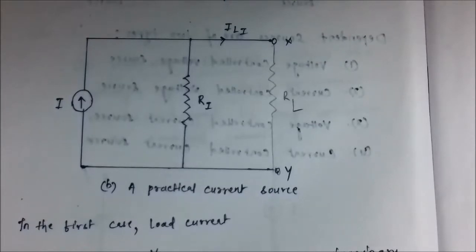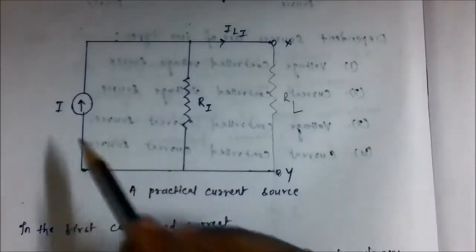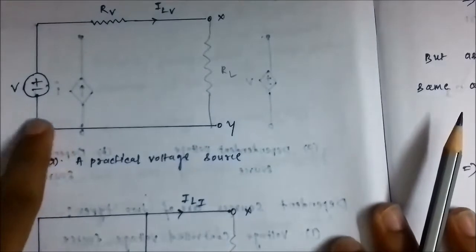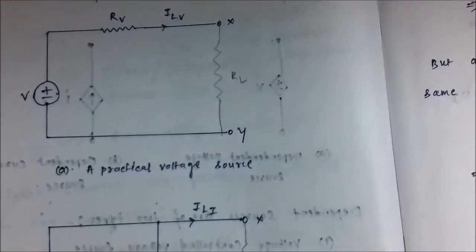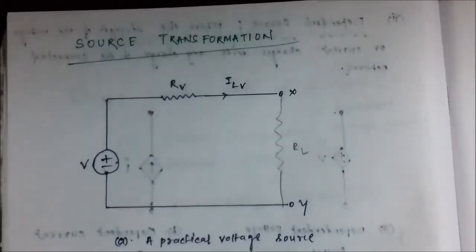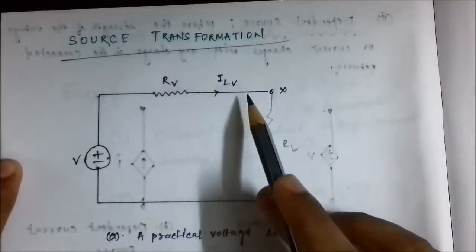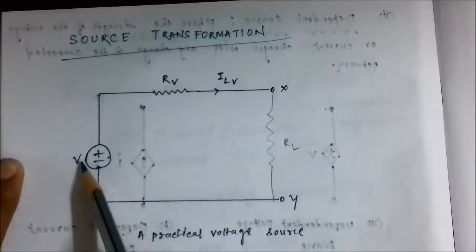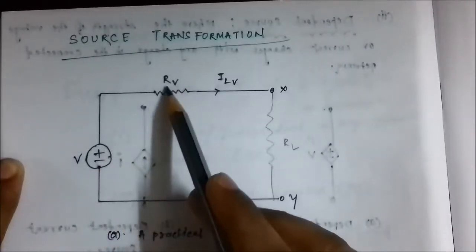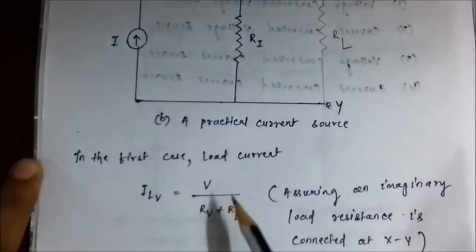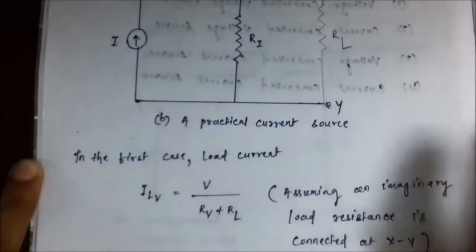Now we are dealing with the conversion of this current source into this voltage source and vice versa. So in this case, the load current IL subscript V is equal to V by RV plus RL.